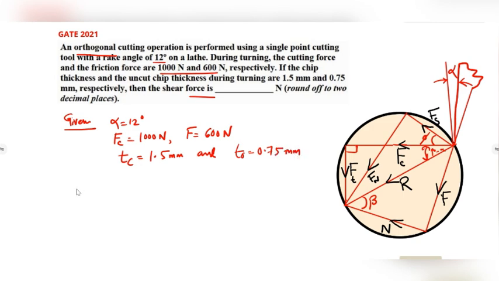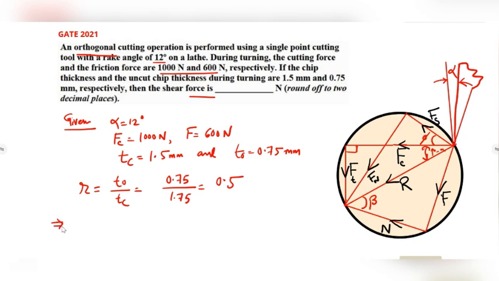So first of all, we will calculate the r, that is chip thickness ratio. Therefore, we know r is given by t0 upon tc. This is equals to 0.75 divided by 1.5. So this is equals to 0.5. Now we have the value of r.